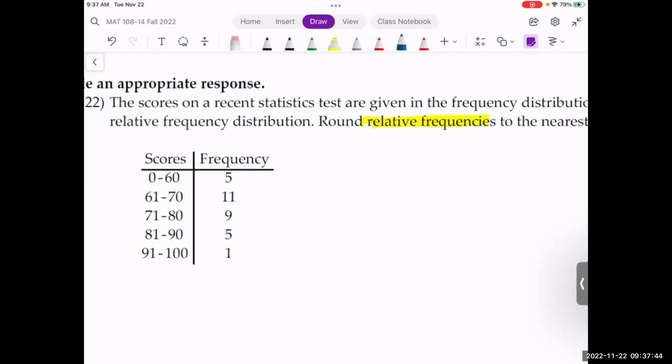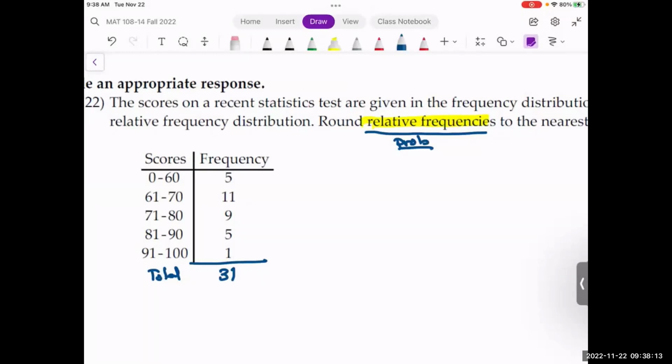That's another name for probability, right? Okay. So what you want to do here is get the total of all the frequencies. If you add all the frequencies together, what's it going to give you? 31. Very good.